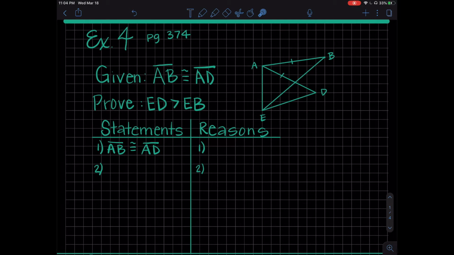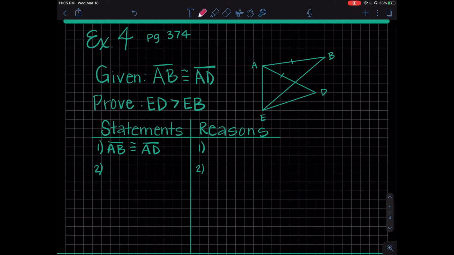So example 4 on page 374, we're given that AB is congruent to AD, and we need to prove that ED is greater than EB. AB is congruent to AD. Okay, we wrote that from our given. And I want us to prove that ED is greater than EB.